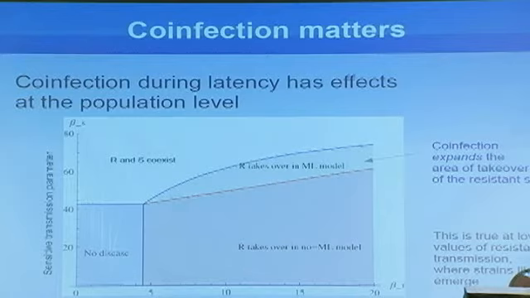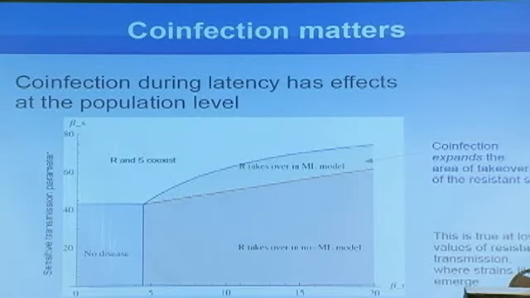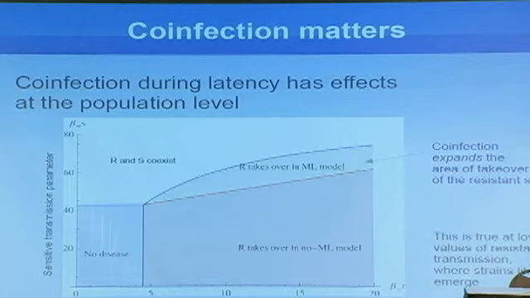And we studied what happens if you have isoniazid preventative therapy given to people in this class, and it then selects for resistance at the individual level, at the latent stage. And co-infection makes a difference in terms of providing essentially a reservoir for the resistant strain, so that resistance can effectively succeed more than it would have otherwise, and it can expand the region of parameter space where you would expect a resistant strain to take over.